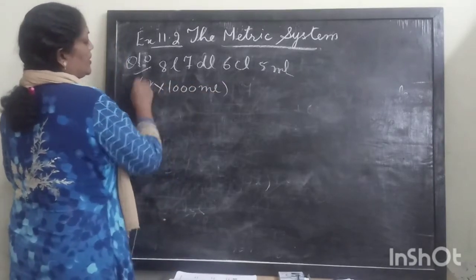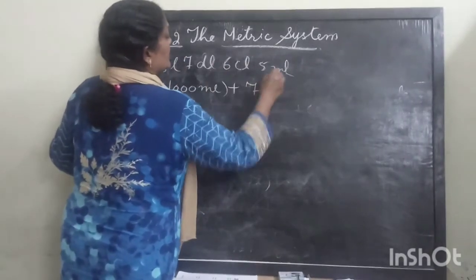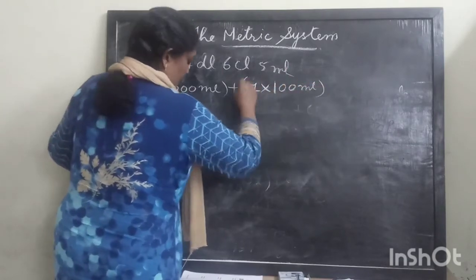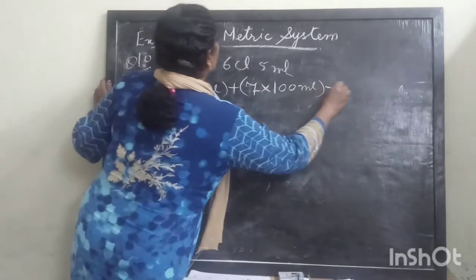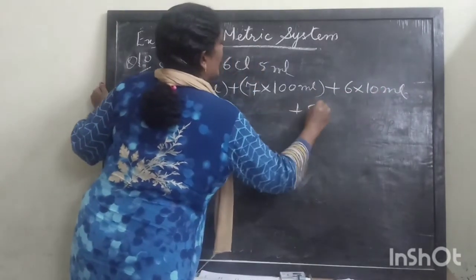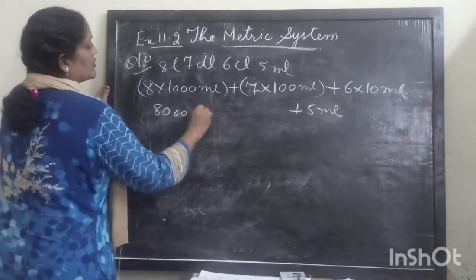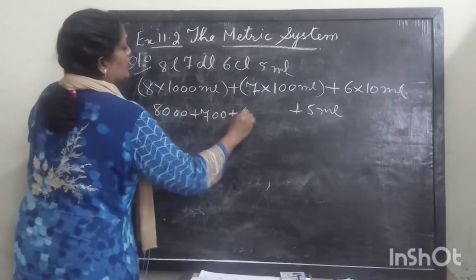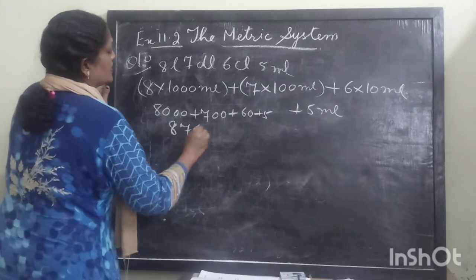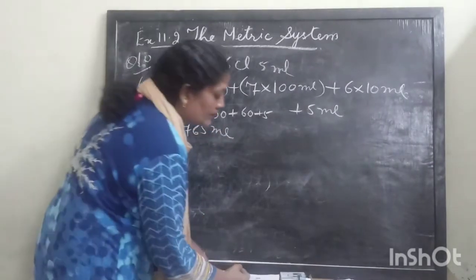All of you know 1 liter is 1000 milliliters, plus deciliter is 100 milliliters. Got it? Then centiliter is 10 milliliters, plus 5 milliliters. 8000 plus 700 plus 60 plus 5. 8765 milliliters.